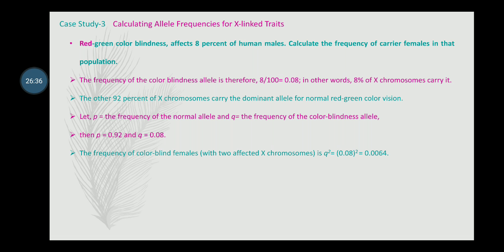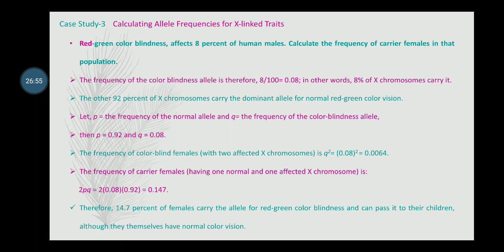The carrier female is going to be 2pq. As we know, 2pq is the heterozygous genotype. We know the value of P and we know the value of Q. So 2pq is equal to 2 into P into Q, that is 0.147.